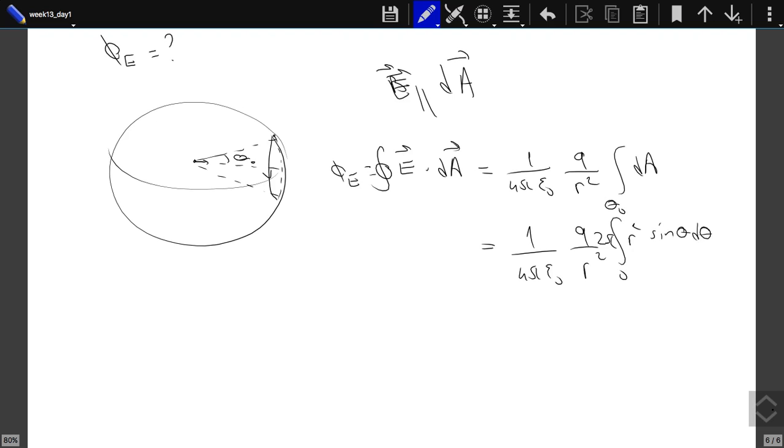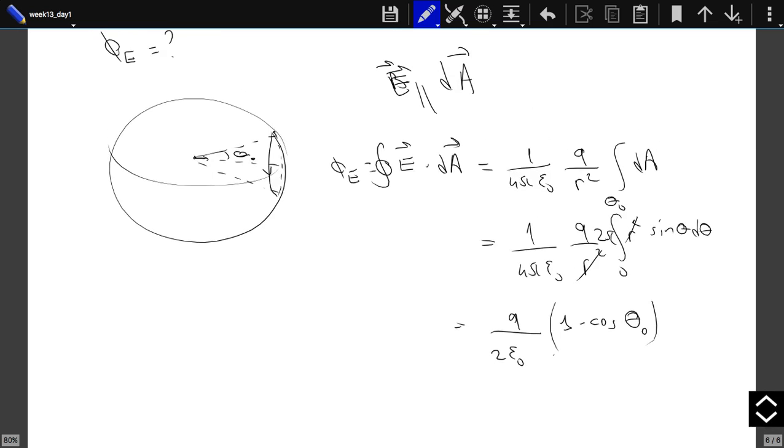Now, why is it so? If you don't know, just ignore it. Just trust in my final answer. It is q over 2 epsilon 0 r squared. Then these r squares cancel. I have 1 minus cosine theta 0. So this is phi e.